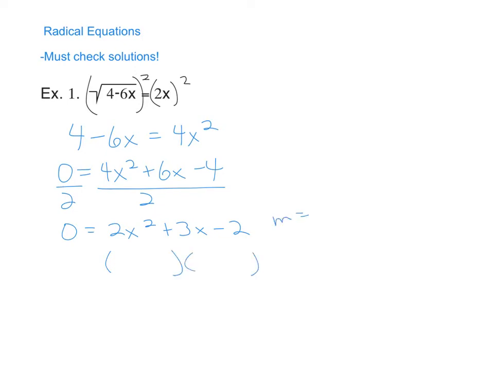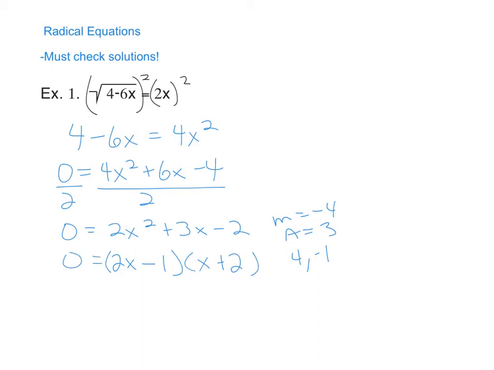What multiplies to give me negative 4 and adds to give me 3? So I'm going to have 4 and negative 1. This is 2x and x. So this times this can't give me negative 1, so it has to give me a 4. So this will be a 2, and this one's going to be a minus 1. So this times this gives me negative 1, and when I multiply these two, I get my negative 2.